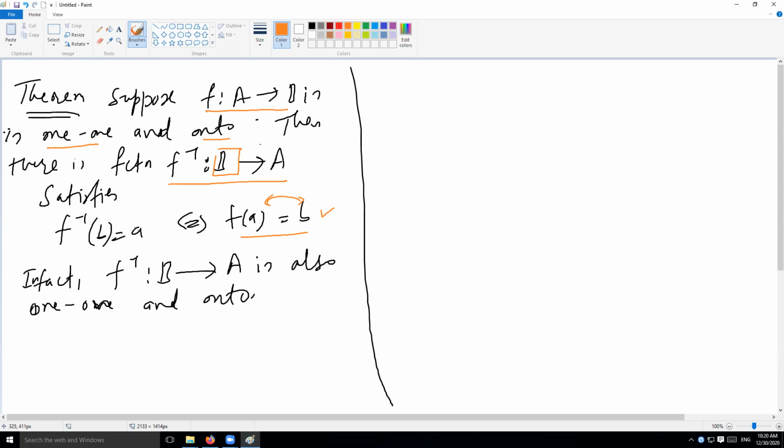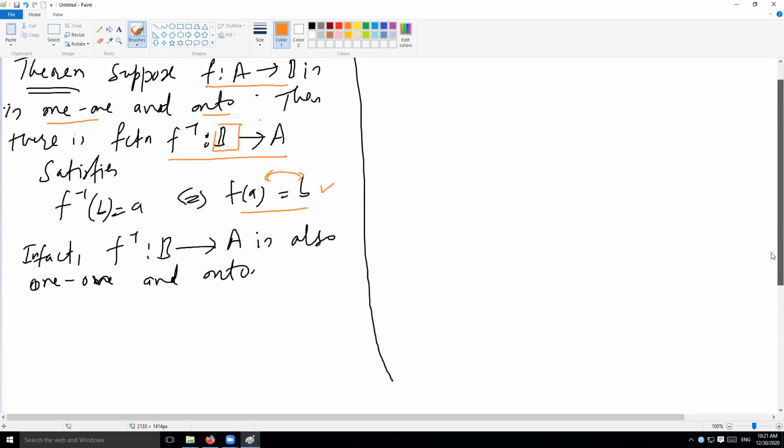And if a is the image of b under f inverse, then b is the image of a under f actually. It's just two ways to say the same thing. Okay, so in fact f inverse is also a 1-1 and onto function actually. Okay, so this is what I would like to prove. So let's prove it.